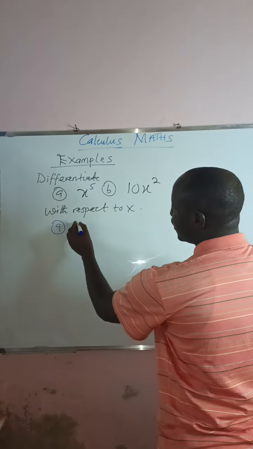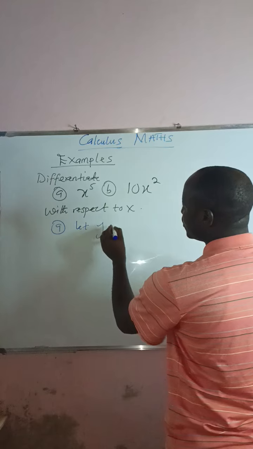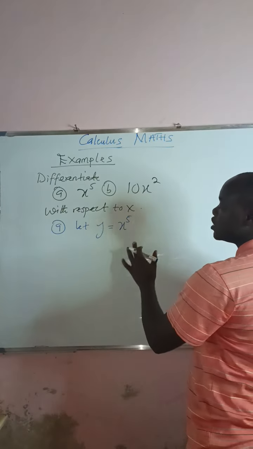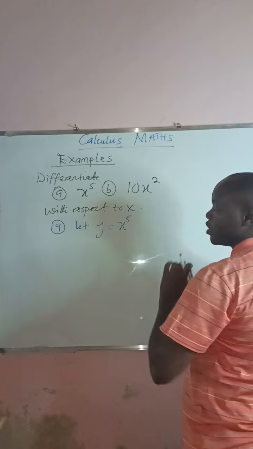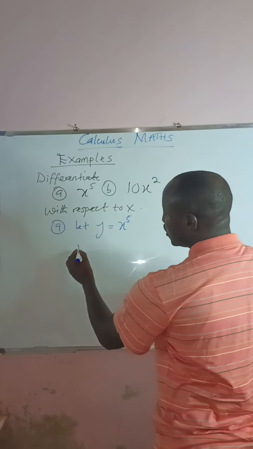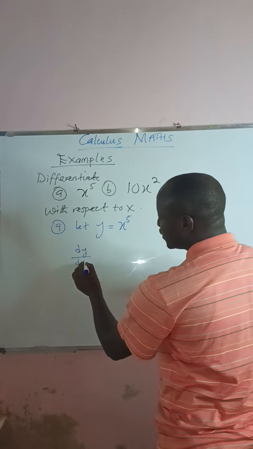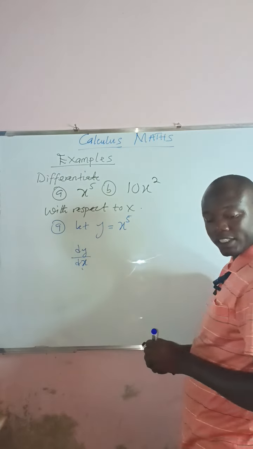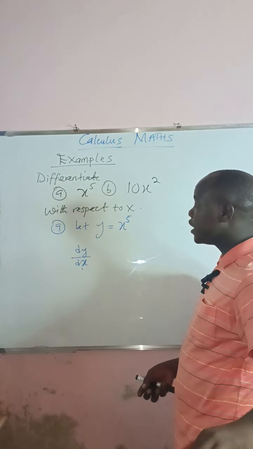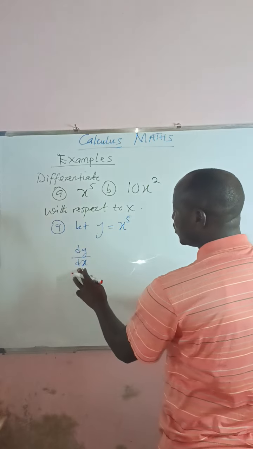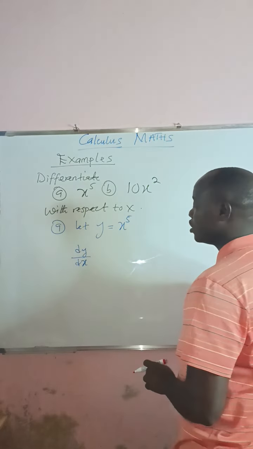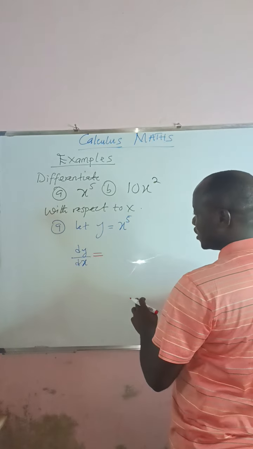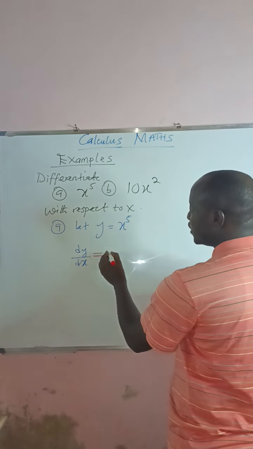So let's say y is equal to x raised to the power of 5. To differentiate this, we are going to differentiate with respect to x, which is dy/dx. Very importantly, you should understand that there is a general formula for differentiation.